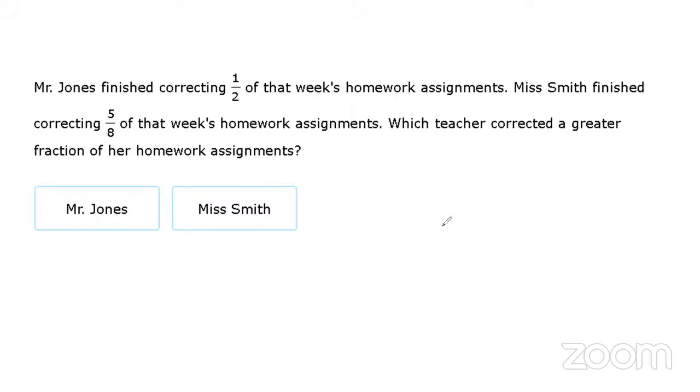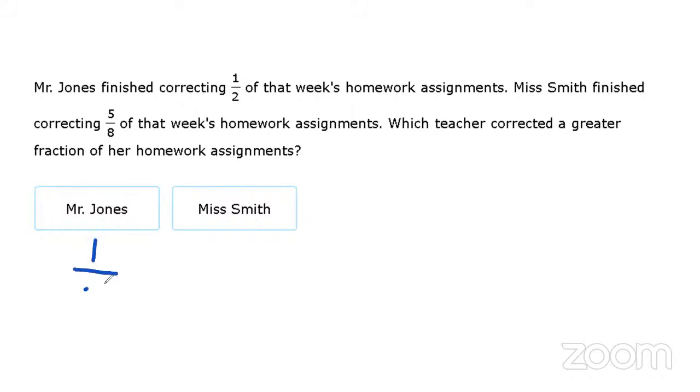So Mr. Jones corrected half of the homework assignments, and Miss Smith corrected 5/8. Who corrected more? Who corrected a greater fraction? All right, so here we have Mr. Jones, a half.